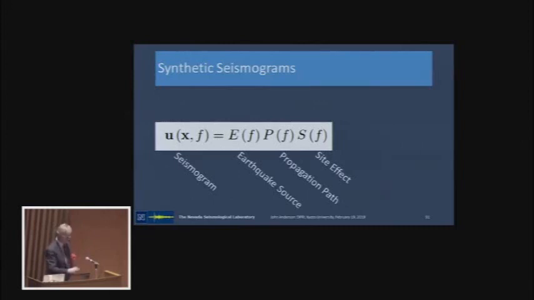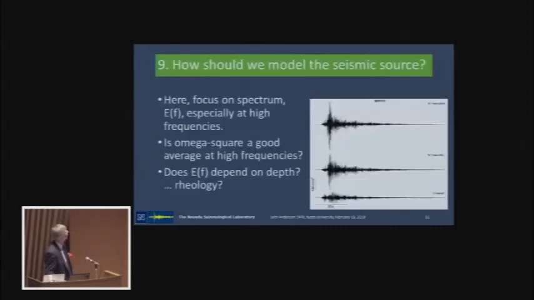We can ignore that equation here. But one of the issues is how should we model the seismic source? Here we're going to be focusing on the spectrum of the source. There are, of course, time series and other issues.